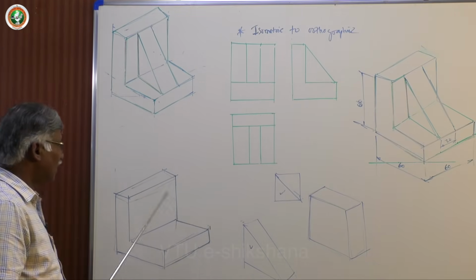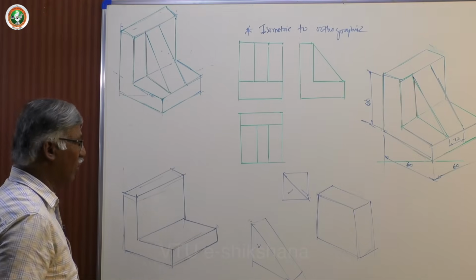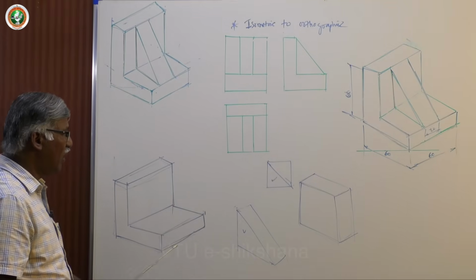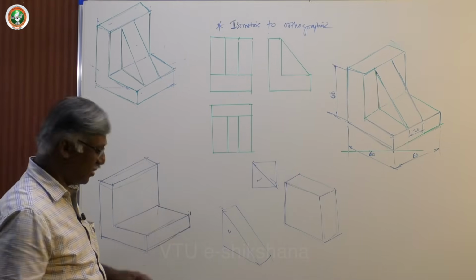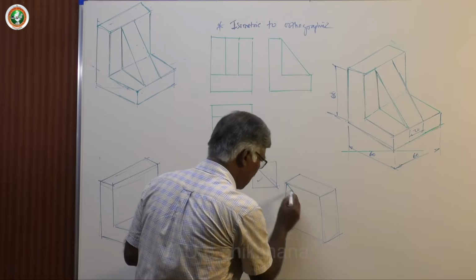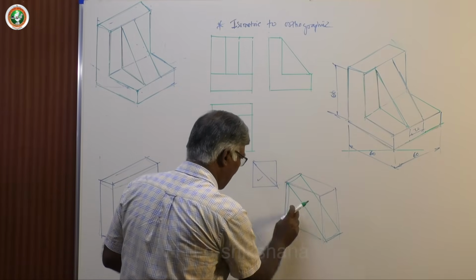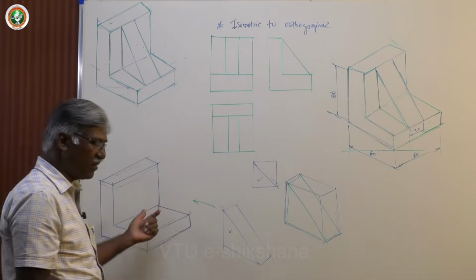Now before going to these figures which are already worked out, let me take an L-shape object and a square block and divide that into 2 equal halves. Take only this portion and attach it here.